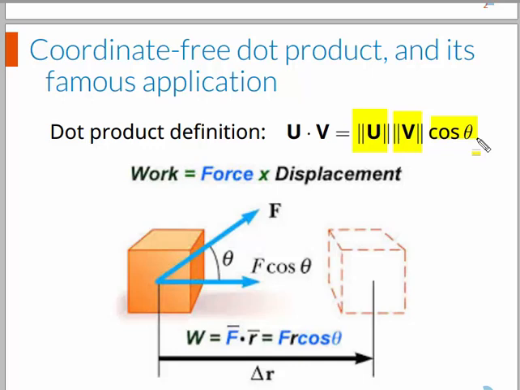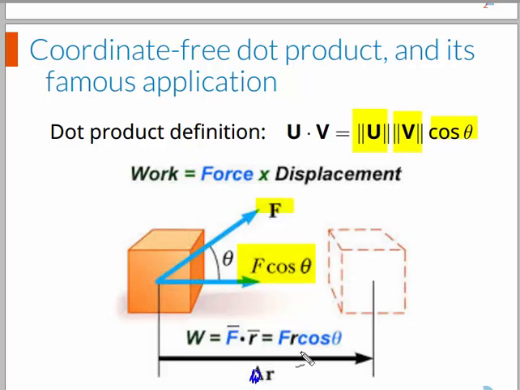And the dot product has its very famous application, and that is to the calculation of work. In trigonometry, we often just compute F times the cosine of theta to give us the magnitude of the force in the direction parallel to the displacement. So in this case, here's the displacement. They wrote the delta there, which was unnecessary. We'll cross it off.